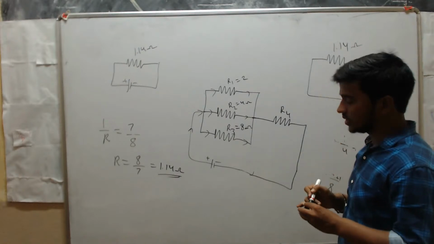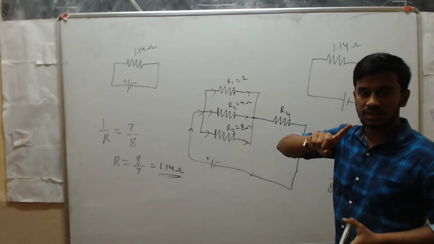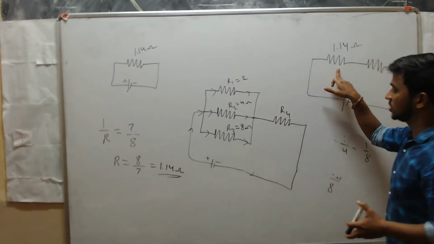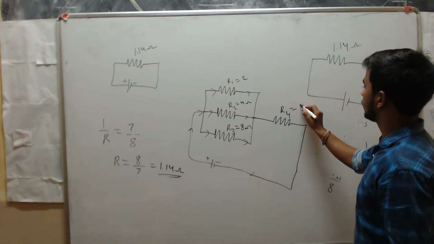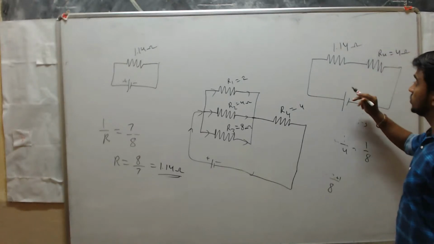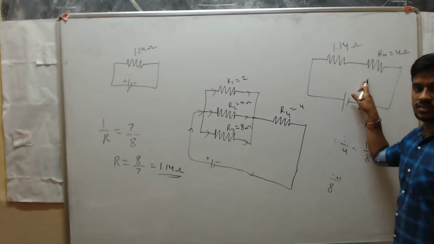Solving resistors means what? You are making these 3 resistors into one resistor. When you solve here, you will get only one resistor. Now the value of this resistor is 4 ohm, so R4 equals 4 ohm. Now observe, these two are in series.